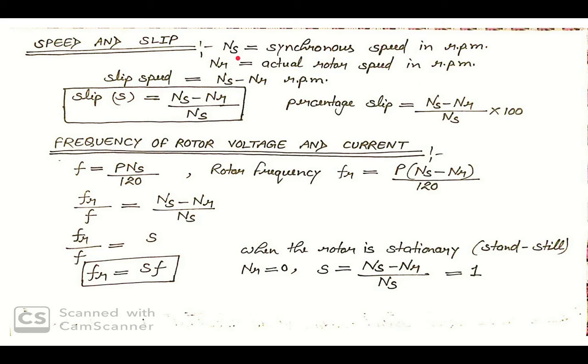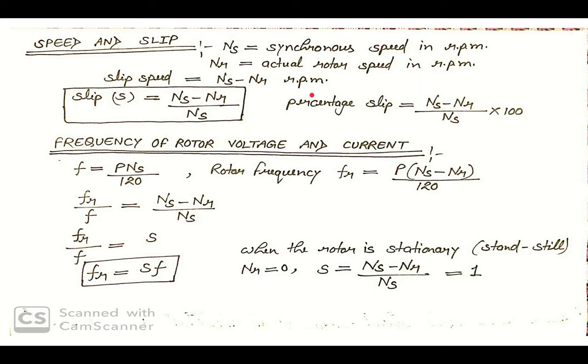As you can see here, ns is equal to synchronous speed in rpm, and nr is equal to actual rotor speed in rpm. So slip speed is equal to ns minus nr in rpm.